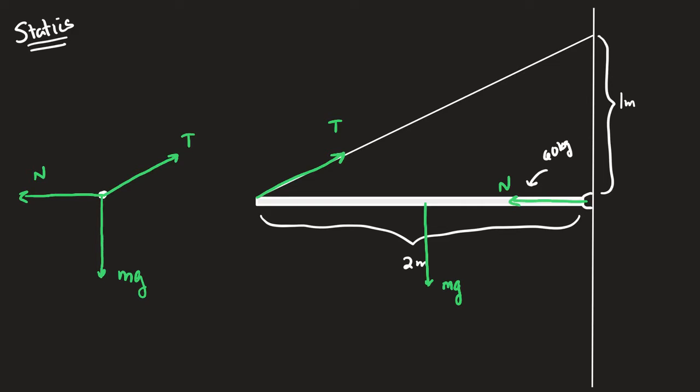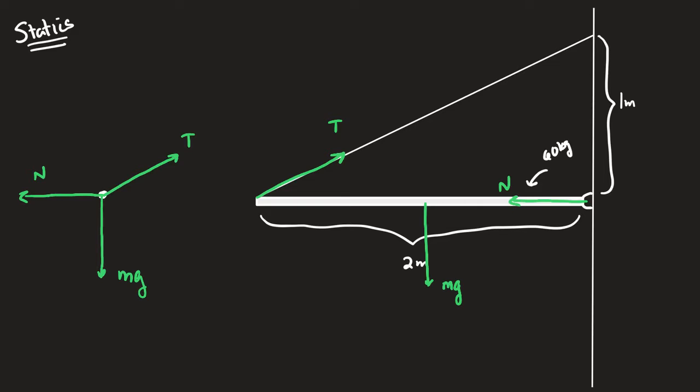The center of gravity is a point within the object to which all of the gravitational forces acting on the object can be said to act. That's a little more complicated, because the truth is, gravity acts along every piece of mass of the bar.